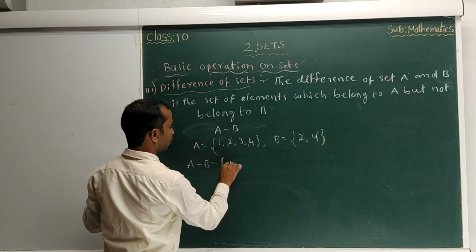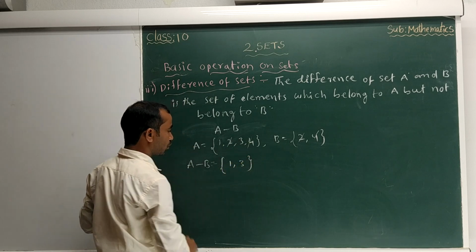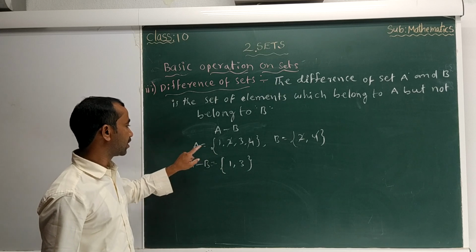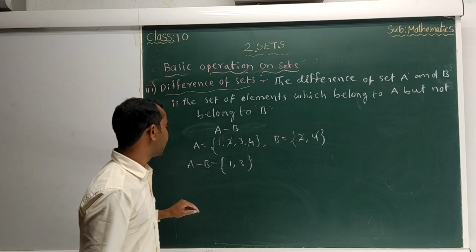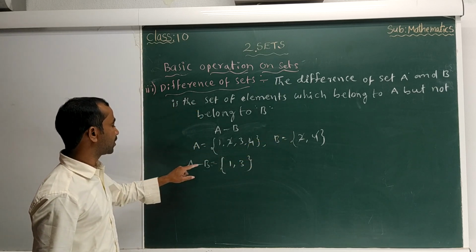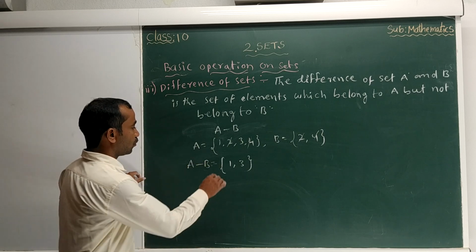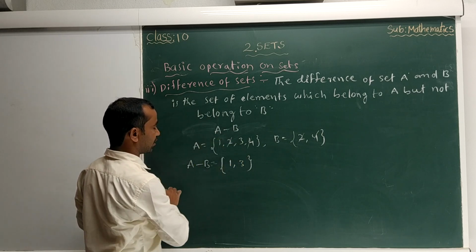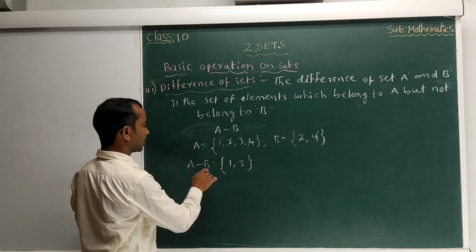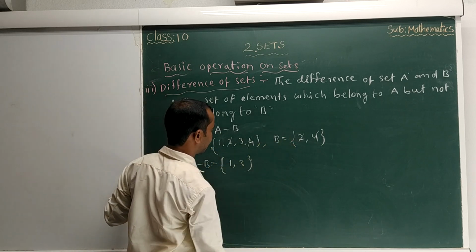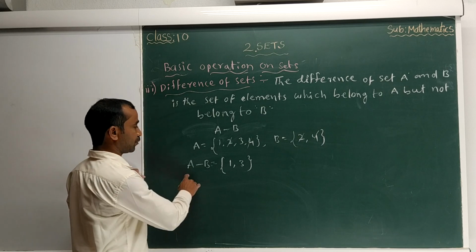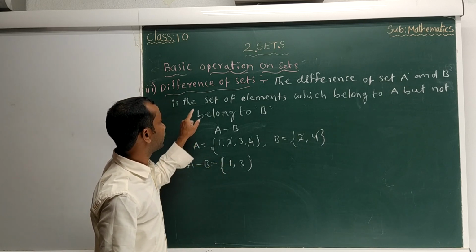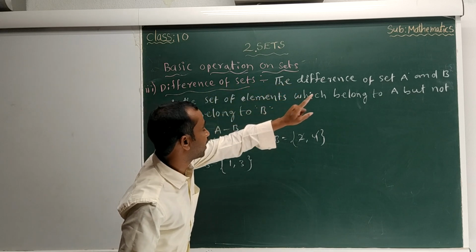So the remaining are 1, 3. Elements 1 and 3 belong to only set A and do not belong to set B. Then that is the difference of sets A and B. 1 belongs to set A, 3 also belongs to set A, only set A, and does not belong to set B. Then it is called A minus B. This is the roster form of the difference of any two sets A and B.